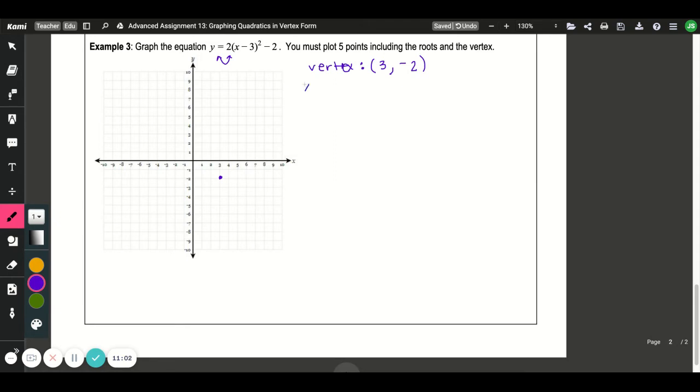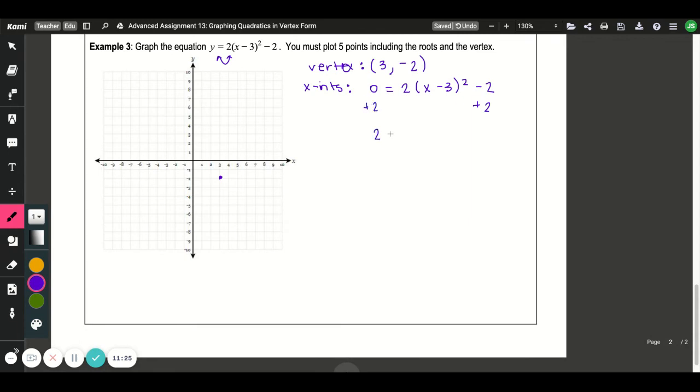My x-intercepts, or roots, I need to solve for. So I'm going to put 0 in for y and solve for x. I'm going to isolate x. So I need to add 2 to both sides.